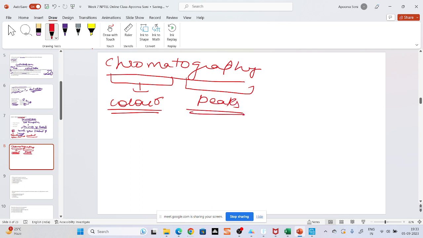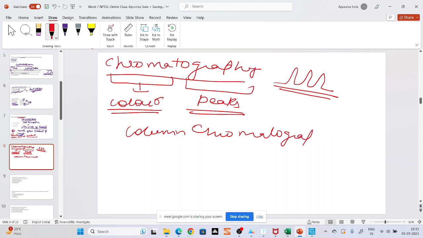Initially, because of the difference of the colors that they used to get, they had different kinds of chromatogram peaks, but now it's more sophisticated. But this is how the name originally got its name. So chromatography can be of many types, but here, as you must have studied in your lectures also, we will be dealing with column chromatography.